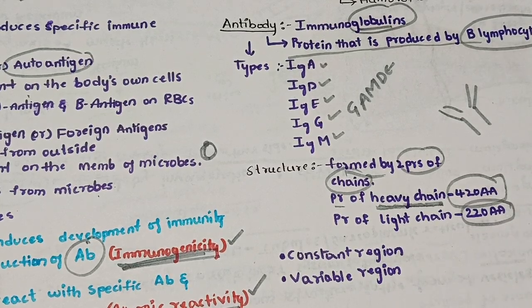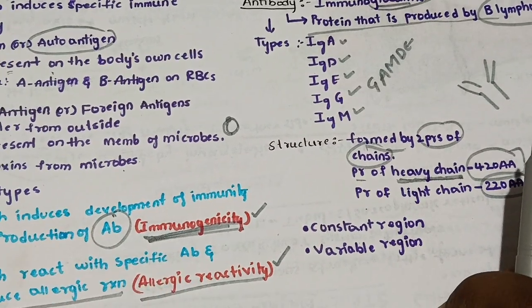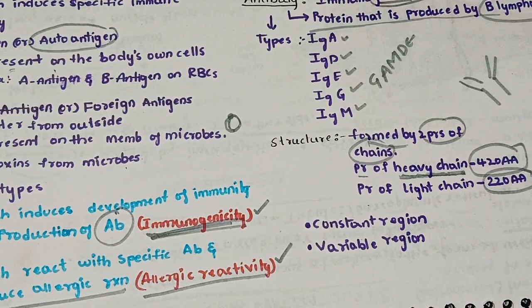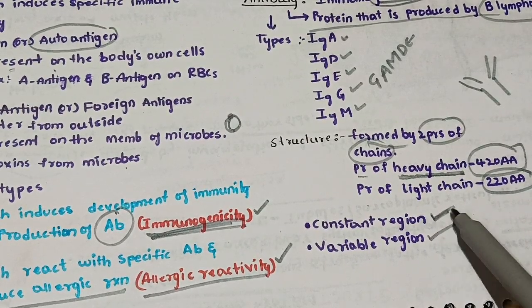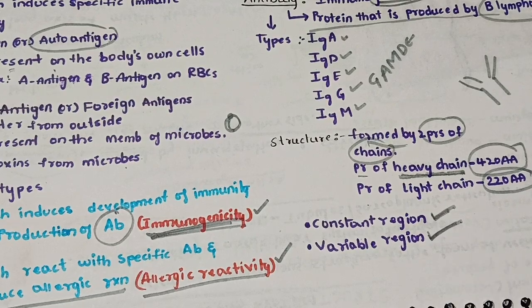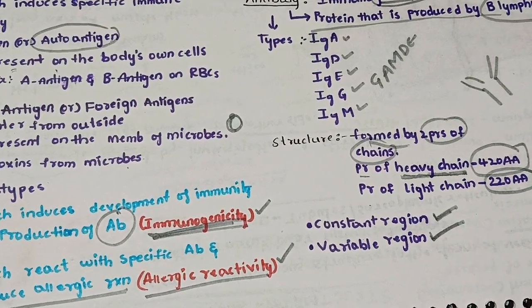Now, the antibody contains two regions: one is the constant region, and one is the variable region.